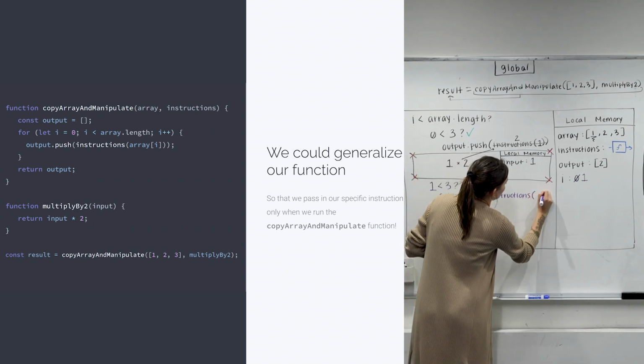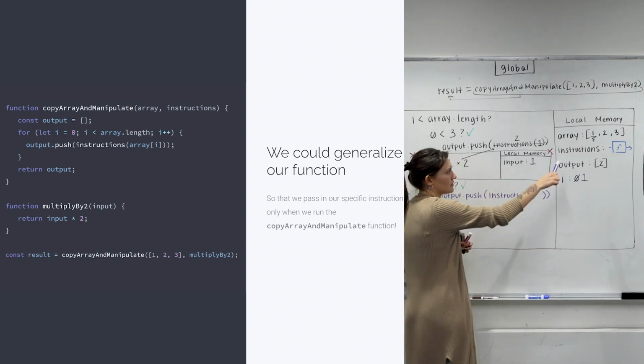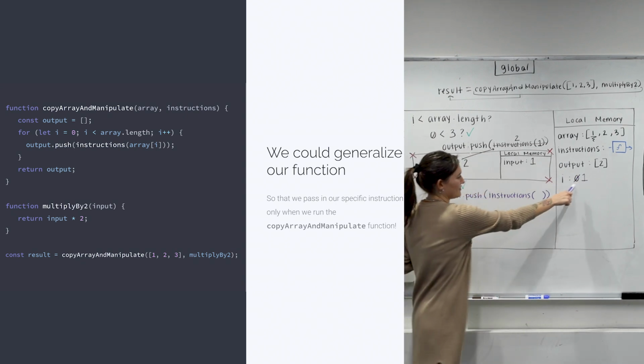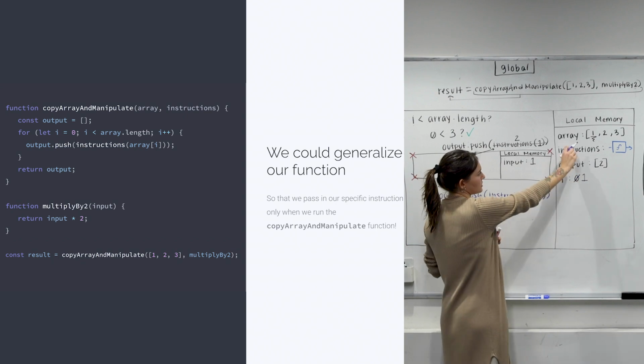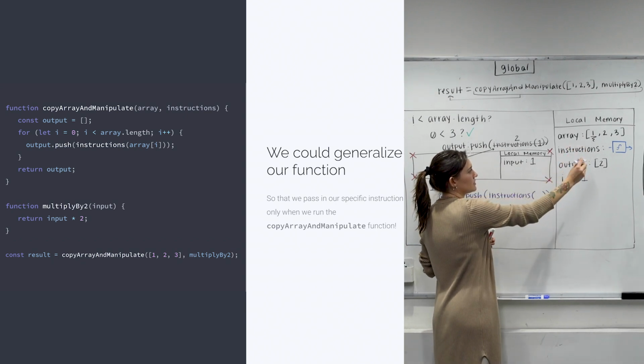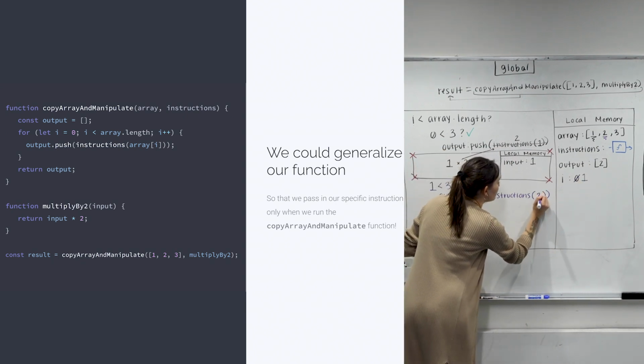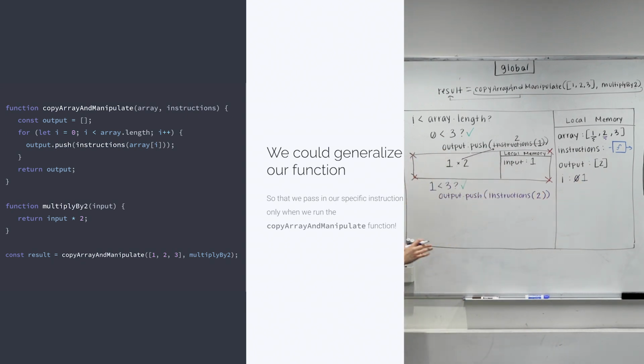The array with the index of 1, I'm sorry. Yeah, absolutely. And what is this array at the index of 1? 2. Absolutely. Cool, cool, cool. So we invoked this function. What do we got to do? So we have to create a new local execution. Absolutely.